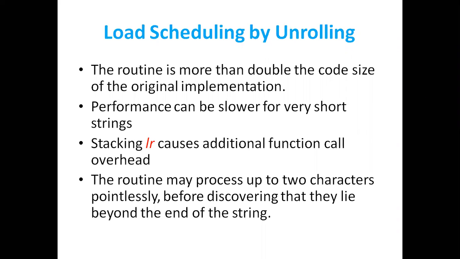And stacking LR causes additional function call overhead. You are creating an overhead by just pushing LR on the top of the stack, and the routine will process up to 2 characters pointlessly. That is very important. Even though there are no more characters in the string, you are still pointing to characters which don't lie within the boundary of the string.